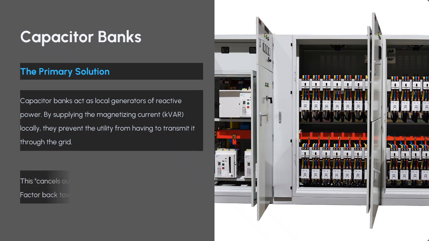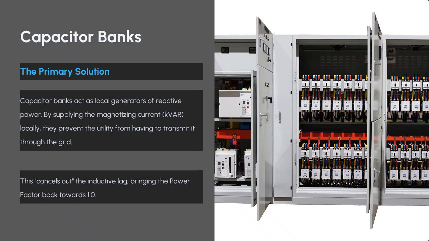By installing these banks locally on your site, you supply the necessary magnetizing current yourself. This prevents you from pulling that reactive power from the utility, eliminating the need for their excess kVA transmission and, critically, eliminating the surcharge penalty.